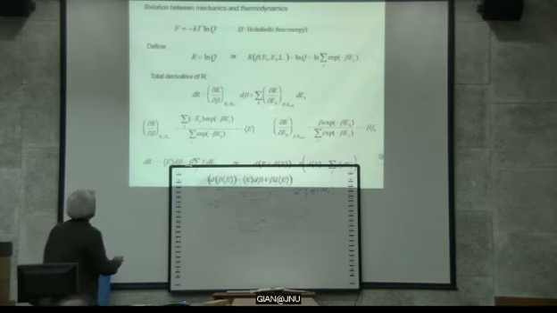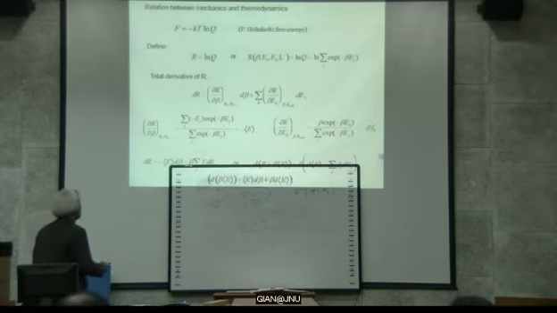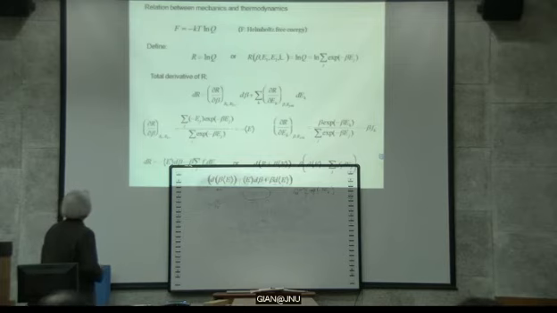Of course, you have many E's, so you have to take the sum of derivatives with respect to the energy of each state, okay, and sum up. Then take the actual derivative of this expression, then you can get this expression, right?